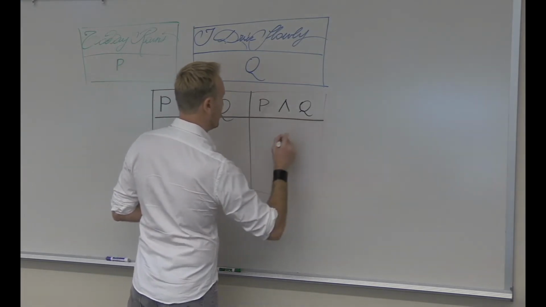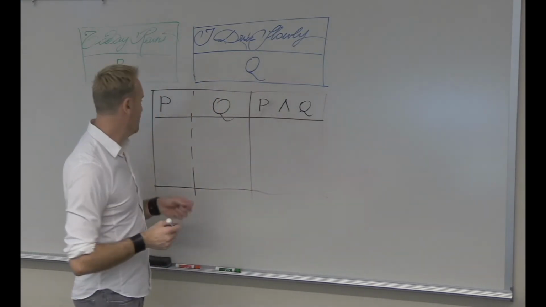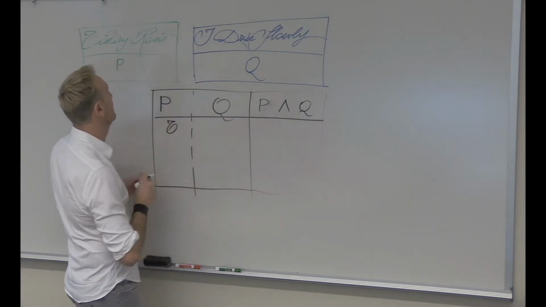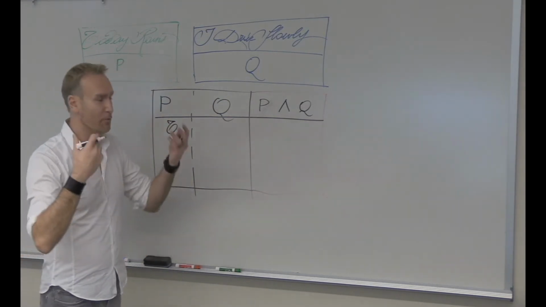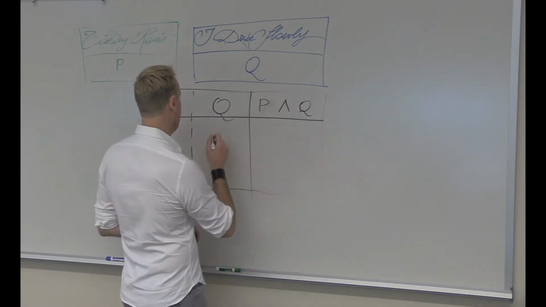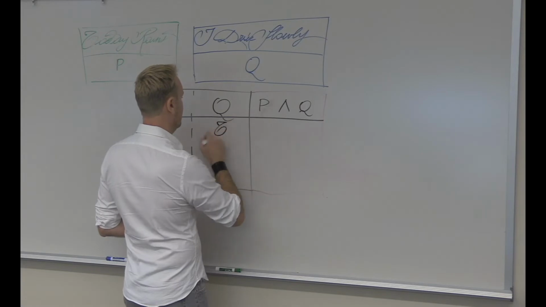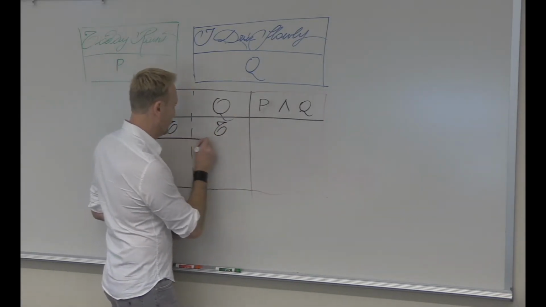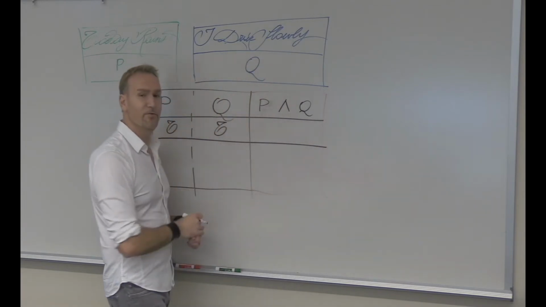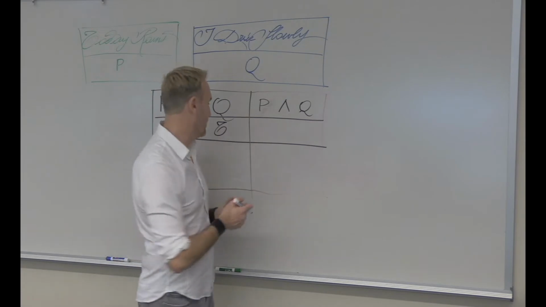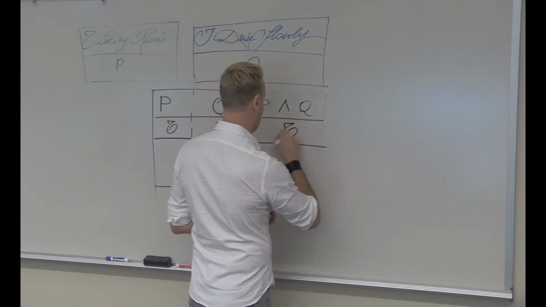Let's do this. So let's assume that P is true, okay? T. Today it will rain, okay? Let's also assume that Q is true, I drive slowly, so they are both true, and since there is a conjunction here, the conjunction itself will be true as well.